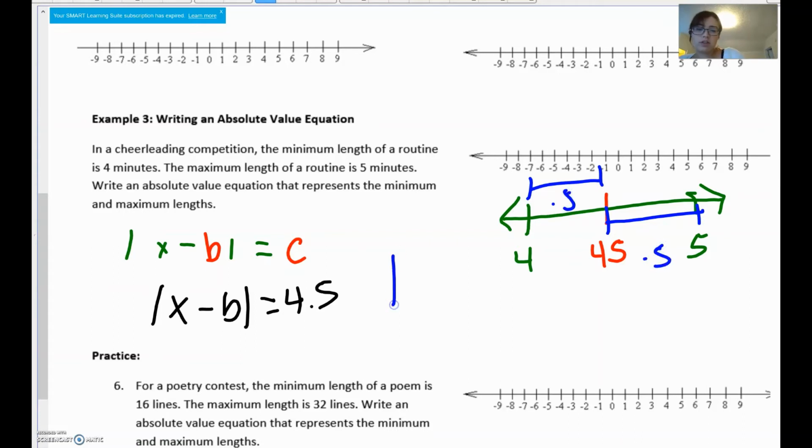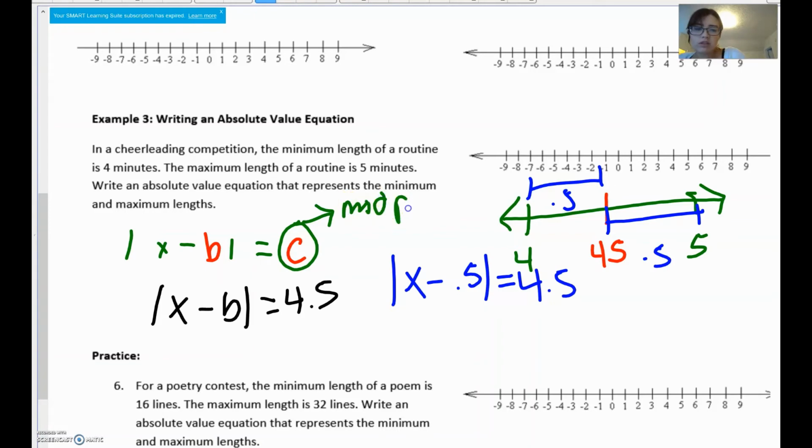So our equation is the absolute value of x minus 0.5 equals 4.5. Okay, I'm going to relabel this for your reference. This is the midpoint between max and min.